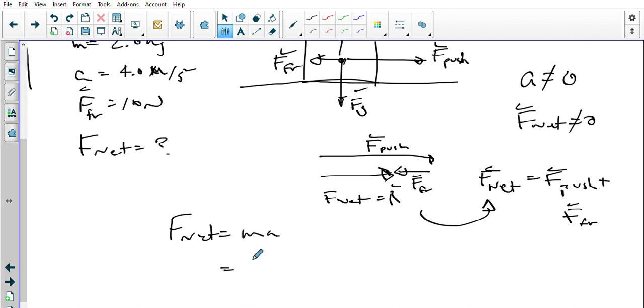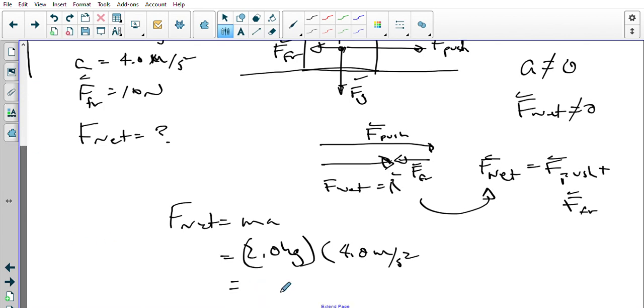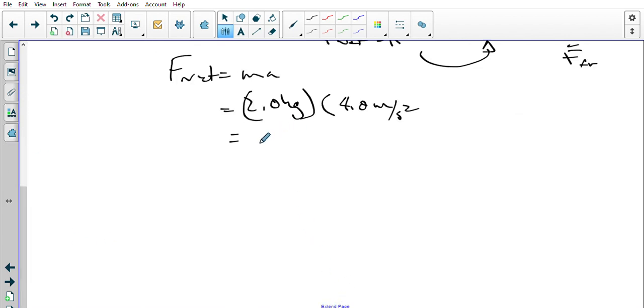Our mass is 2 kilograms and our acceleration is 4.0 meters per second squared. And when we do that calculation, I think I can do that in my head. 2 times 4, that's equal to 8 newtons. That's the net force that is our mass times our acceleration.